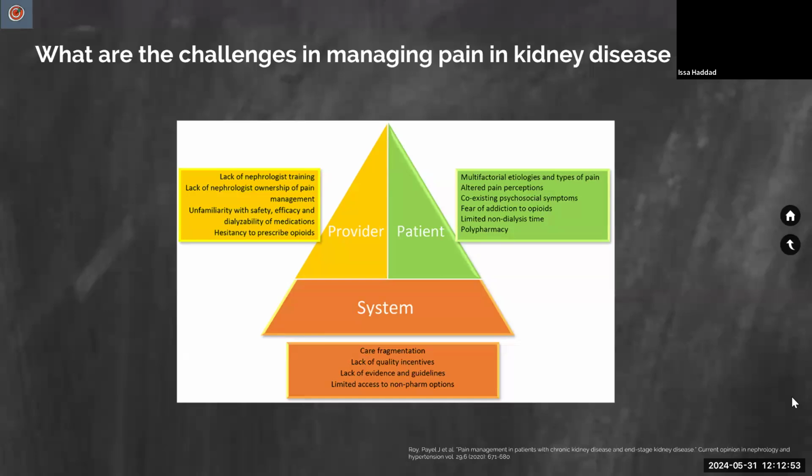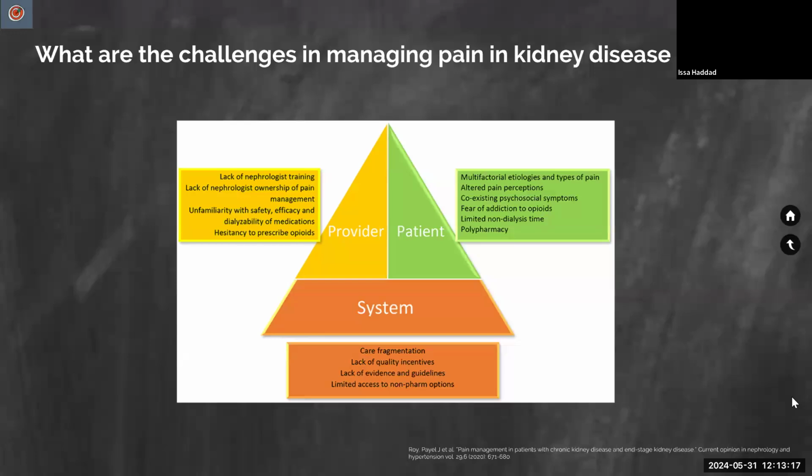Usually primary care physicians are the ones who prescribe pain medications. I'm not saying that we as nephrologists need to prescribe all the pain medications, but at least to be aware of how safe each medication is. Unfamiliarity with safety, efficacy, and dialyzability of medications, because many are dialysis patients and they come and ask you, is this medication dialyzable?